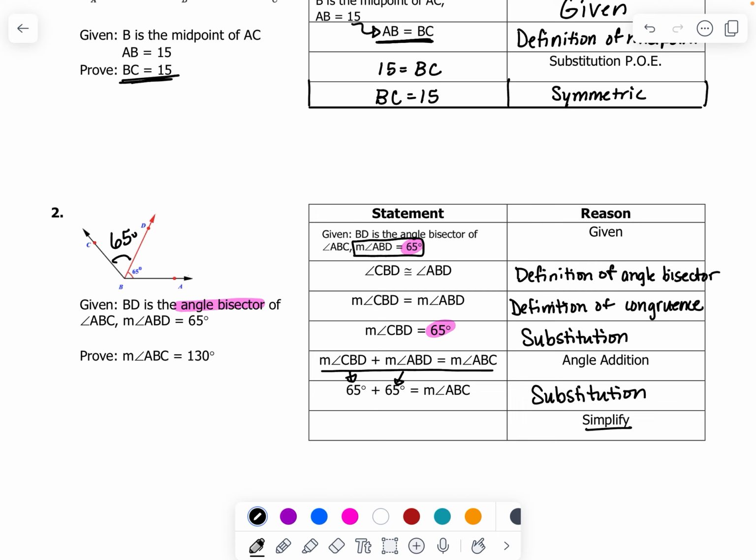Then they tell us that they're going to simplify, which means they are going to combine like terms. And then it does not perfectly match, so we are going to make one more line and rearrange. And that is our symmetric property.